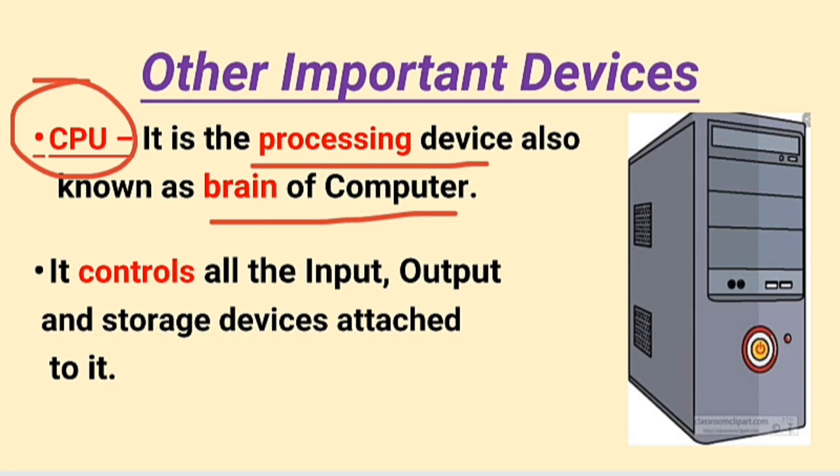CPU is used because it controls all the input, output and storage devices. The work of this processing device is to control the working of all input, output and storage devices attached to it. Basically, it works as the brain of a computer.